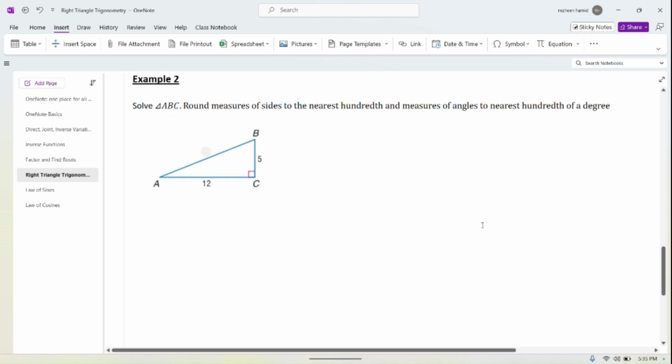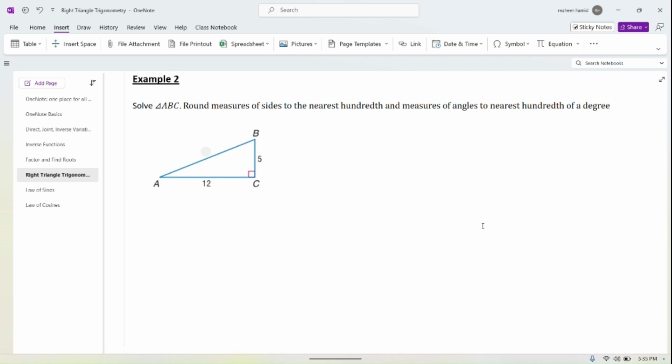Example 2 is another similar problem that requires the Pythagorean theorem and right triangle trigonometry, SOHCAHTOA. This is a famous Pythagorean triple, the 5, 12, 13 triangle. In this case, assume we don't know the hypotenuse and we want to solve the whole triangle.